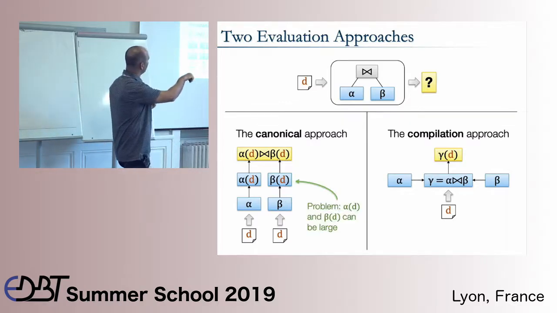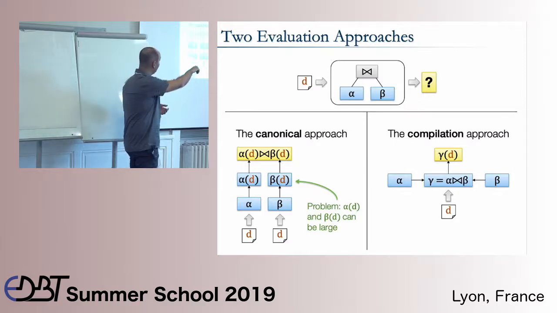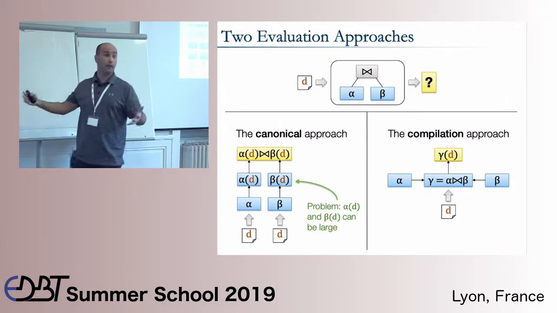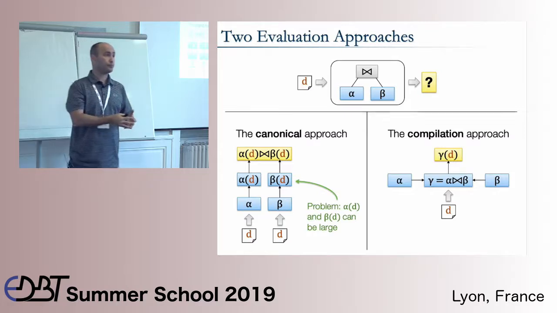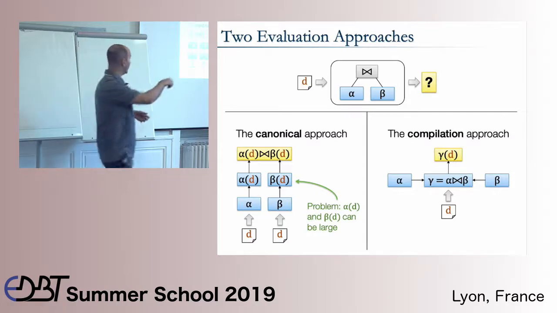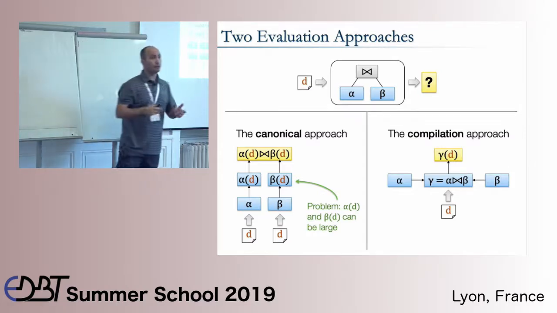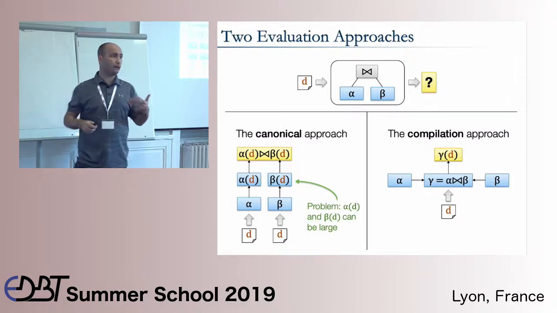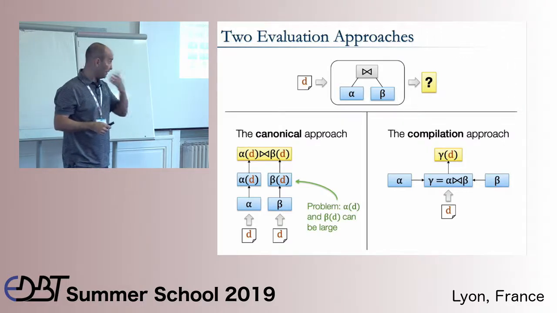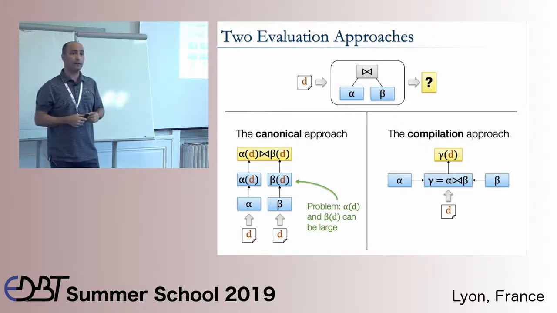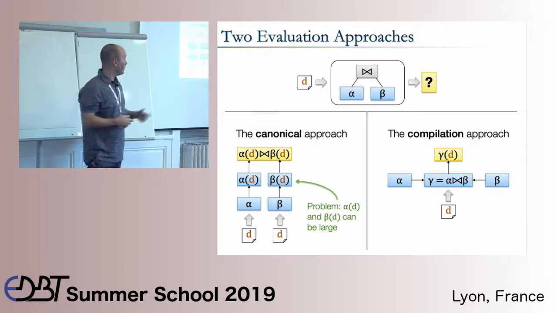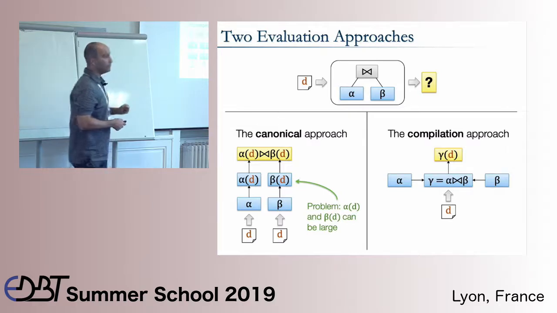Like with the canonical approach, it might be the case that these intermediate results that you're producing are large, actually exponentially larger than the size of the final output. This is one of the questions in the challenge that I'll describe this evening, is showing that indeed it might be the case that these intermediate results are exponentially larger.